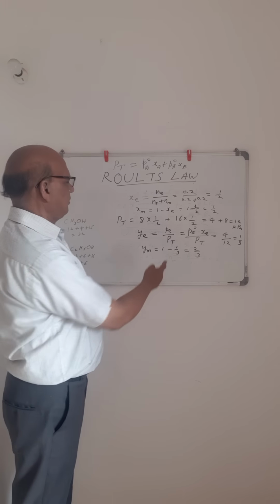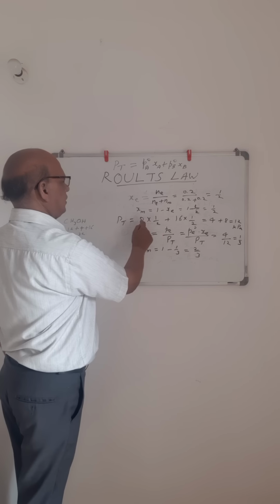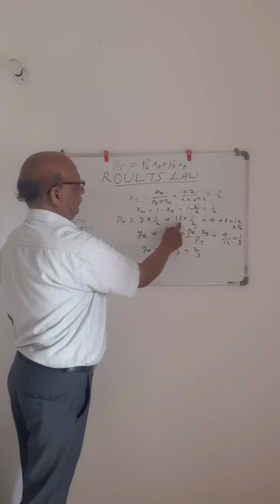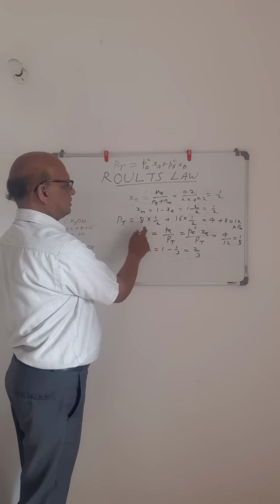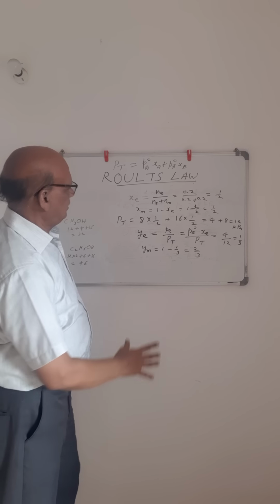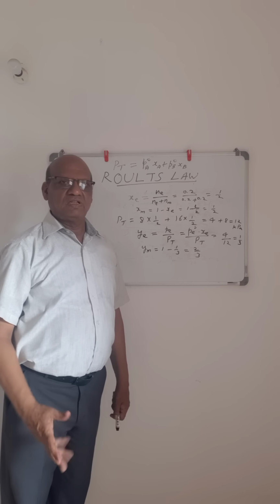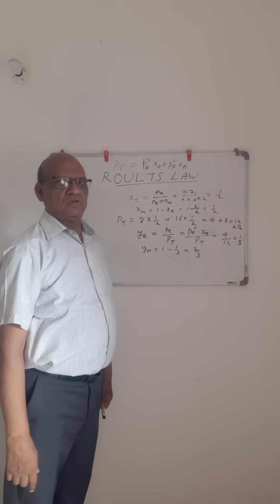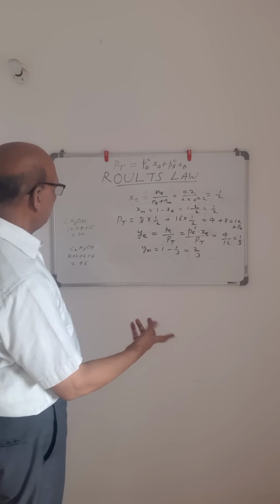As we saw, the vapor pressure of methanol was double that of ethanol. The vapor pressure of methanol was 16 kilopascal and the vapor pressure of ethanol is 8 kilopascal. That is why the mole fraction of methanol is double that of ethanol in the vapor phase, because methanol is more volatile. Now we will take one more example.